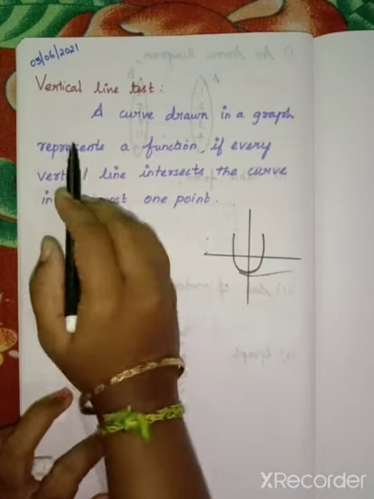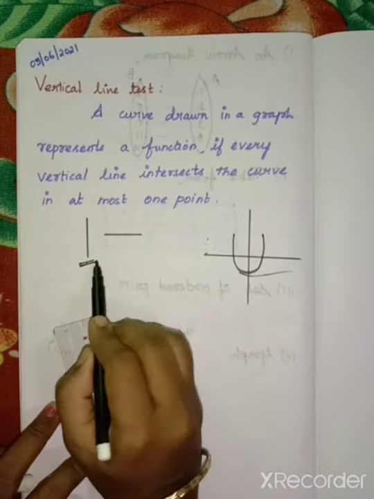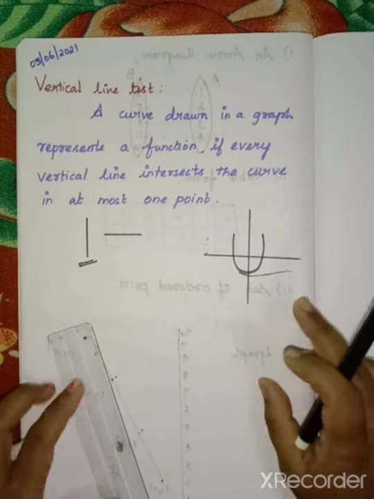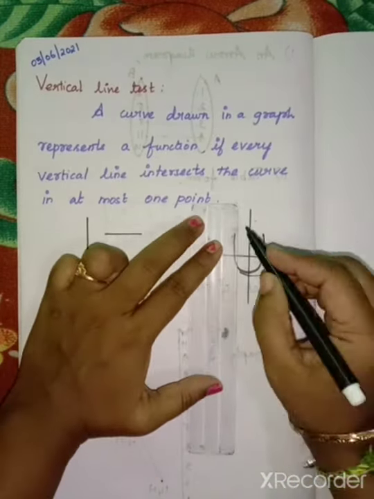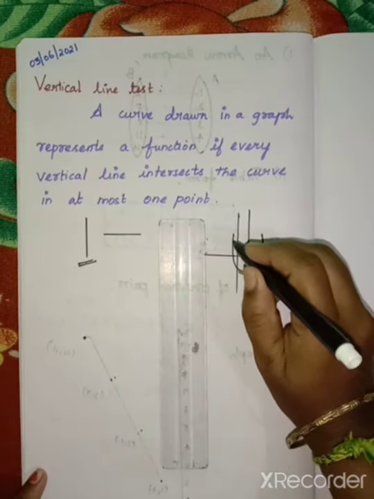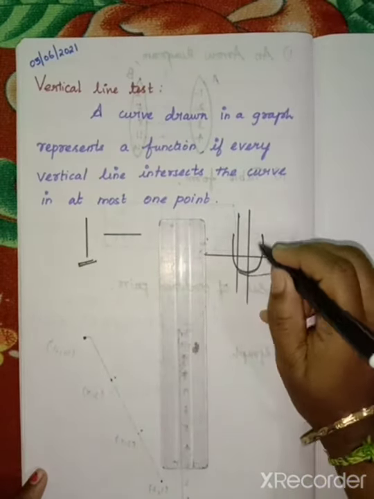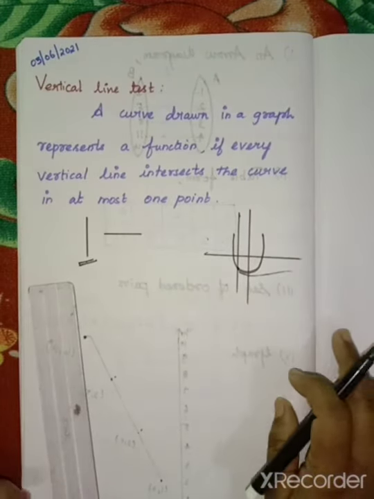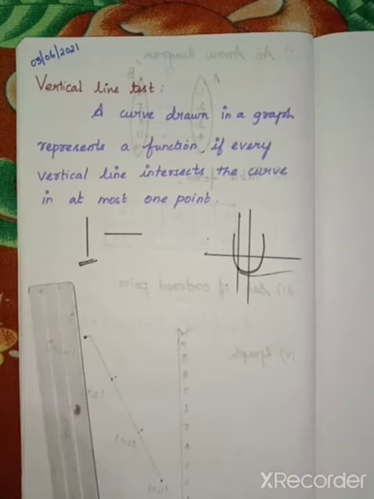So here we want to use the vertical line test. Use the vertical line as it is parallel to the y-axis. If I draw it, this vertical line touches the curve at one point. If it touches at one point, it is a function, otherwise it is not a function.